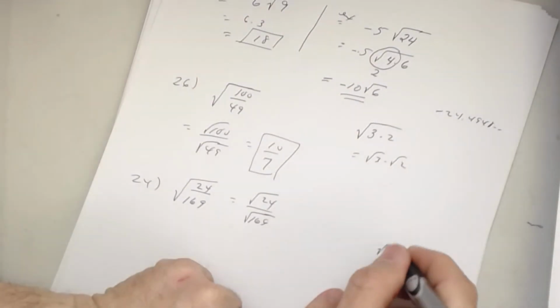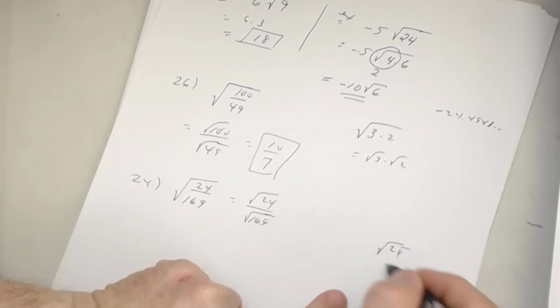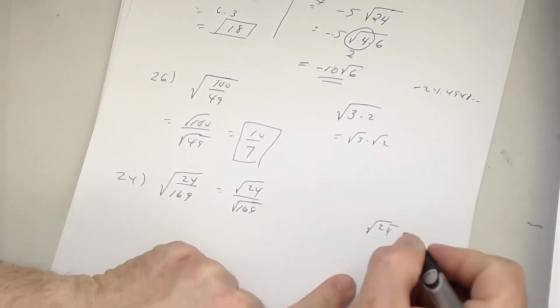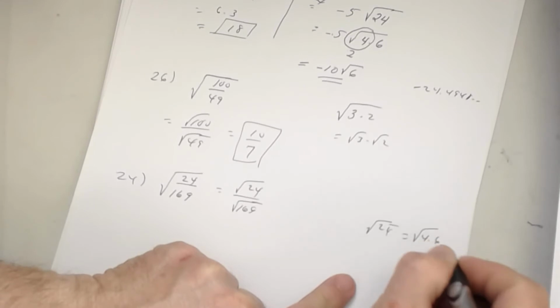Can we simplify the numerator? Can I simplify the square root of 24? Yes. What perfect square goes into 24? 6 is not a perfect square, but 4 is. So the square root of 24 is the square root of 4 times 6, correct?